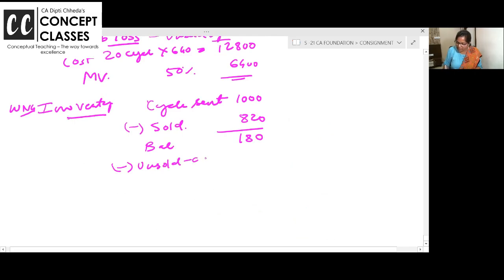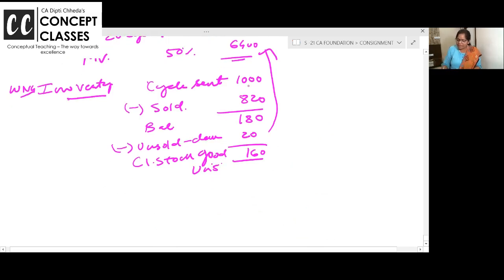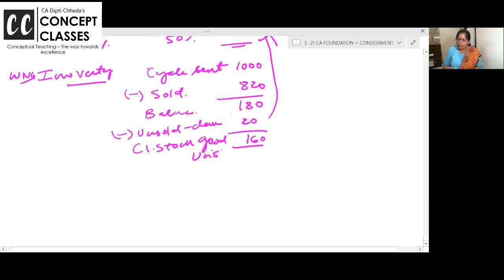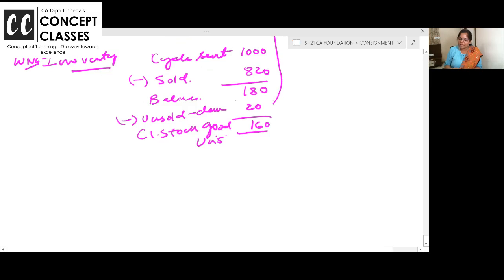Unsold, damaged, 20 units are damaged, so 160 are closing stock good units. Write down: 1,000 cycles we have sent, 820 are sold, 180 is the balance, unsold 20, 160.